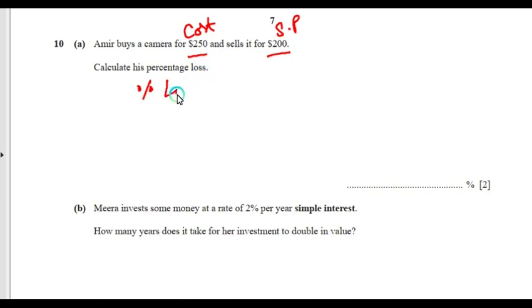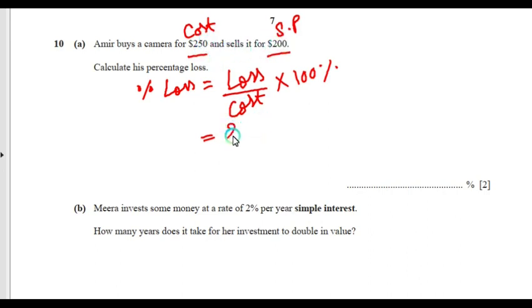So percentage loss will be equal to loss divided by the cost multiplied by 100%, and we know that the loss is the difference in selling price and cost price, so it will be 250 minus 200, the loss, divided by cost. Cost is 250 and then multiply by 100%, right?